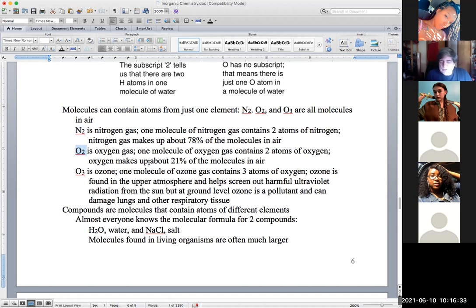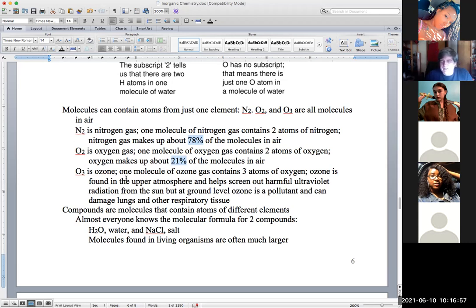So notice between the nitrogen and the oxygen in the air, this is 99% of the air. There are a lot of other gases in air, but all the other gases put together only make up about 1% of the air. It's mostly nitrogen, about 4/5, and about 1/5 oxygen.